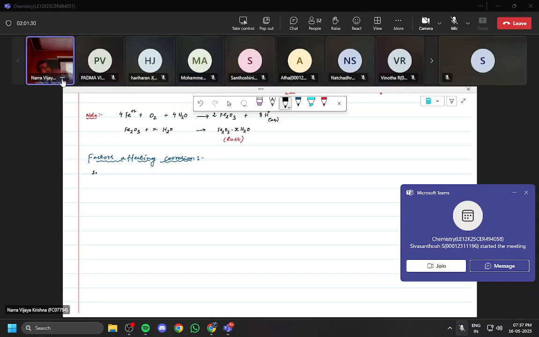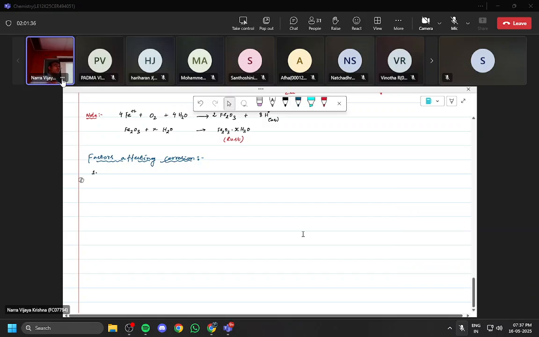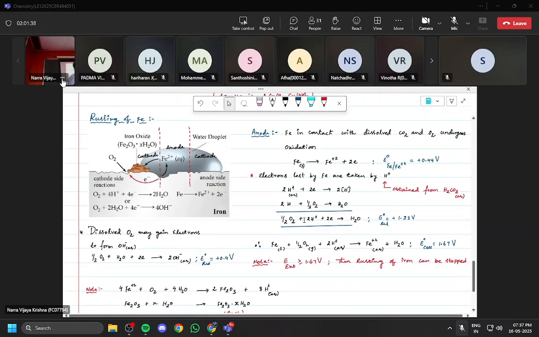If I take another metal having oxidation potential greater than 0.44, then which will undergo oxidation readily? The other metal. So we call that metal a sacrificing metal.